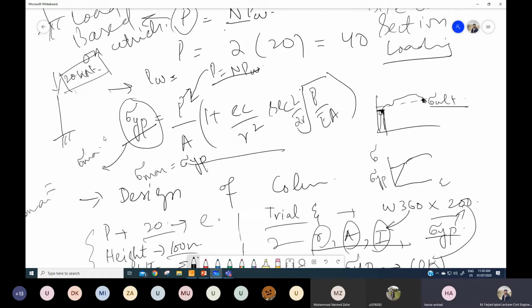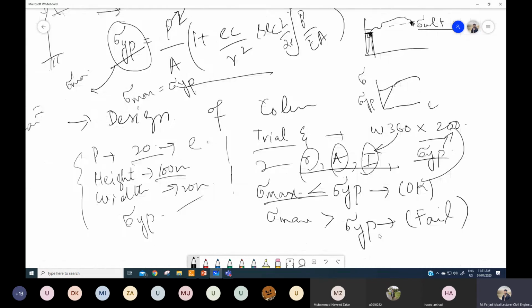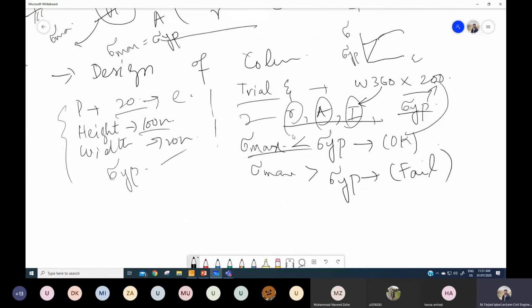Just consider it as an analysis problem where you have been provided this section, okay? So you need to figure out what the maximum stresses are. Obviously, the maximum stress is equal to sigma yp, because in our design criteria we are taking that the maximum stress should not exceed sigma yp. Either it should be less than or very close to sigma yp.